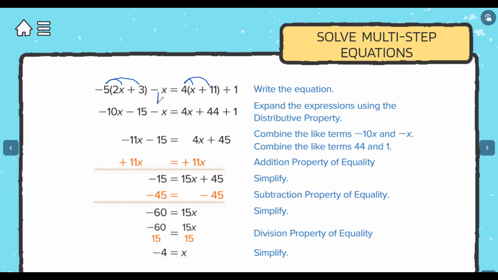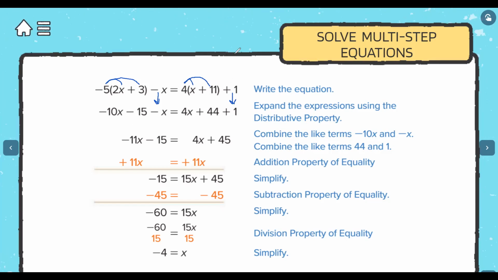And this -x, we only put it down because it's not affected by our multiplications. 4 times x is 4x, and 4 times 11 is 44. This positive 1, we also only put it down because it's not affected, okay?